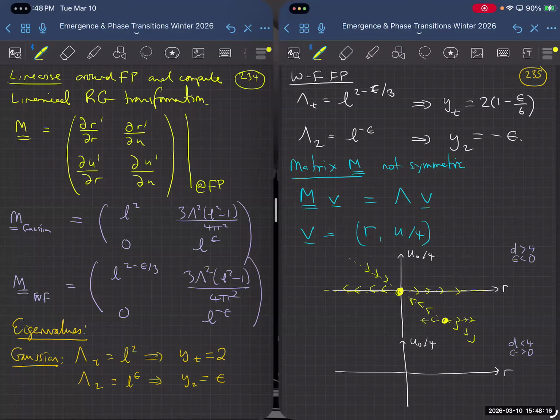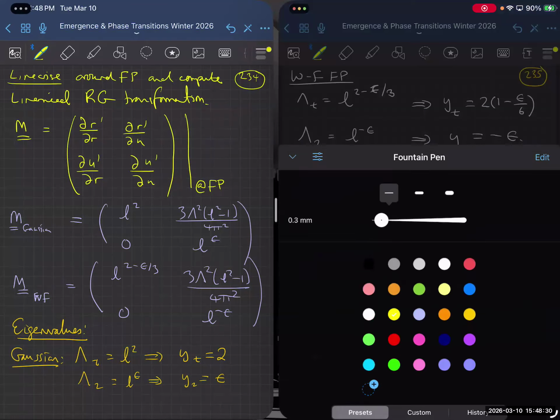So in this picture, d greater than 4, U naught is negative. This is the origin over here. And so that's not a physical thing. So what happens is for d greater than 4, you just have the Gaussian fixed point.